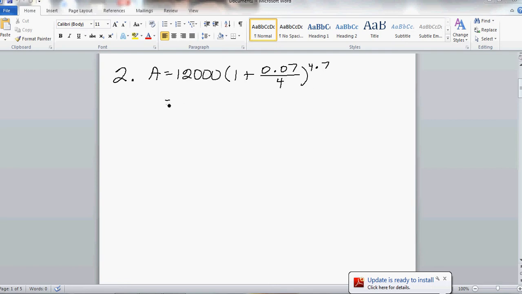So once again, I just put it in, and now it's time to plug and chug. 0.07 divided by 4 and added to 1 is 1.0175, and 4 times 7 is 28. And so when we take 12,000 times this raised to the 28th power, we get approximately $19,504.95.